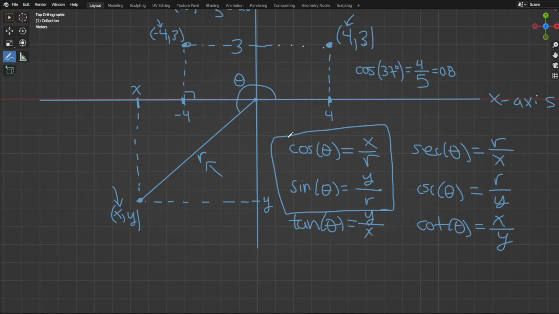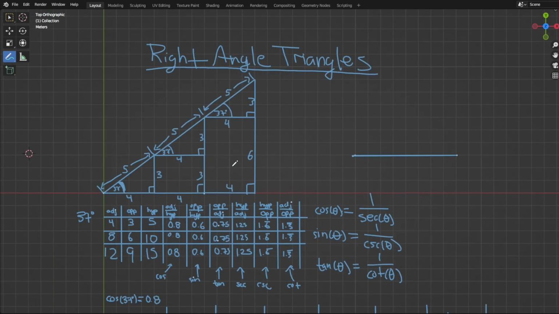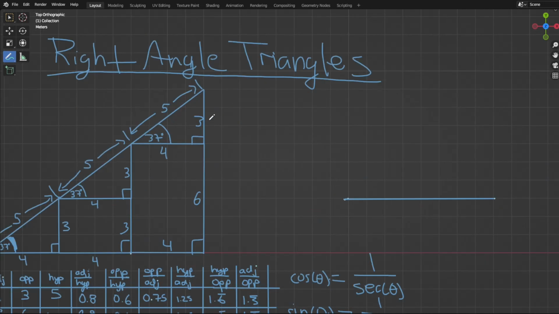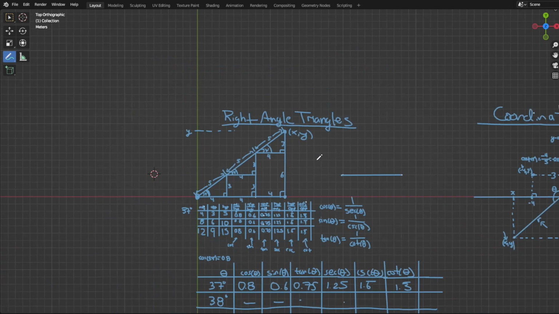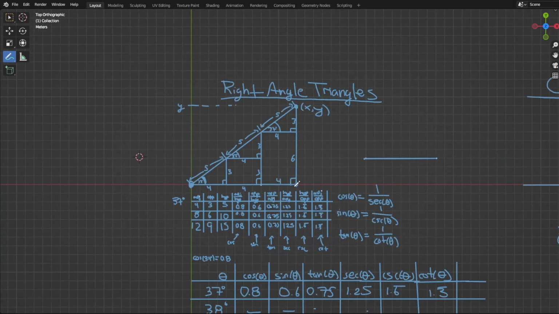But what you'll notice is that the triangle definition is just a special case of the coordinate definition. Specifically, this is where the x and the y come into play in the coordinate space, and maybe this is the origin, and then this is where your x comes from, and then it connects to a y over here. So it's a special case of the coordinate definition, and that's how those two are connected.